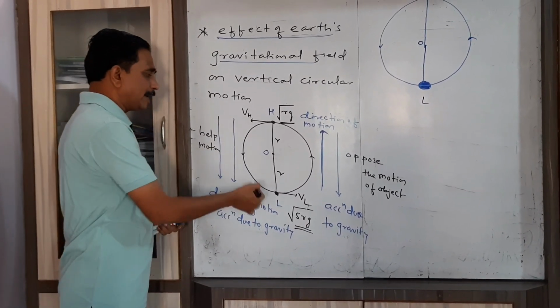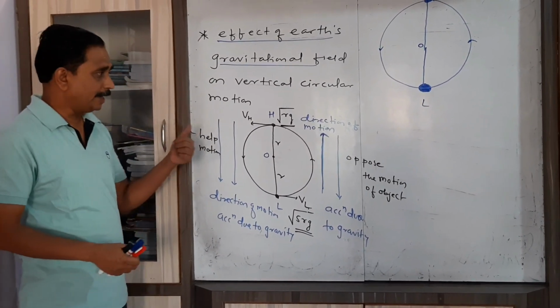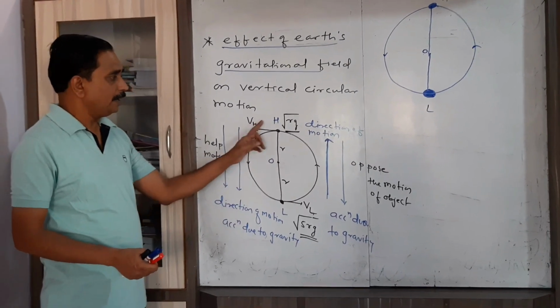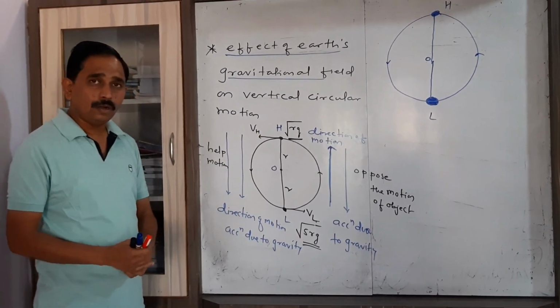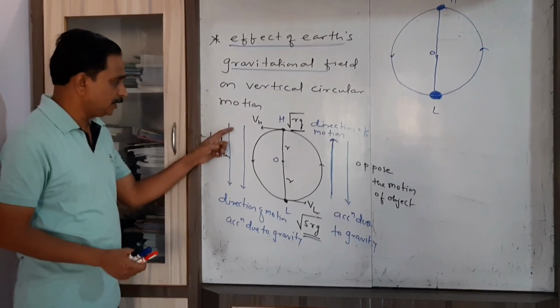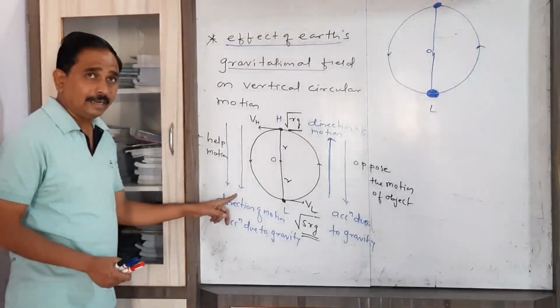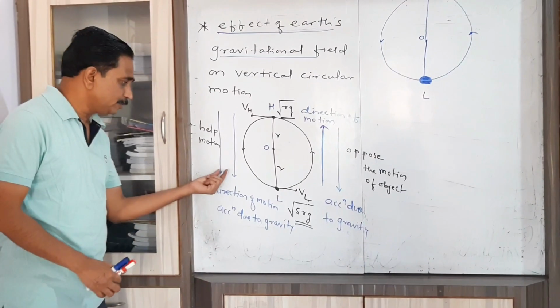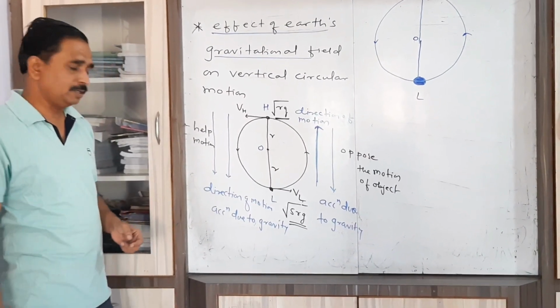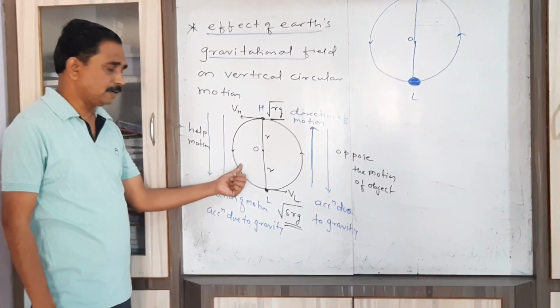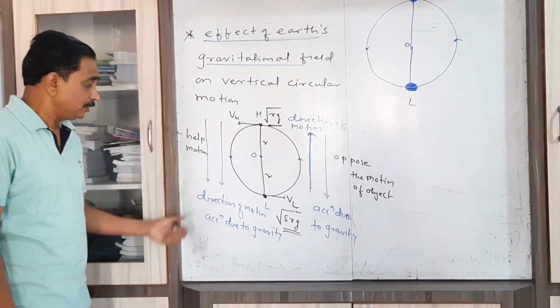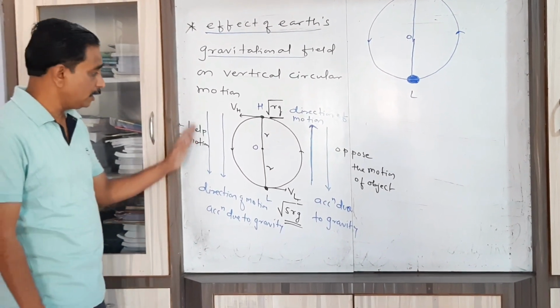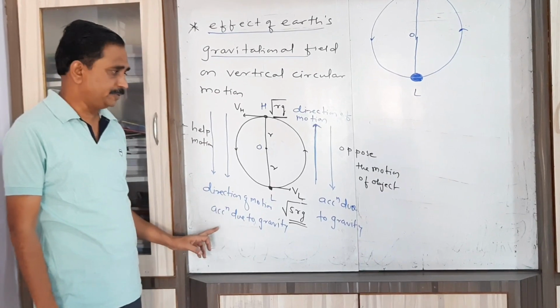Now in the second half part, when that object moves from the highest position to the lowest position, see the direction of motion and direction of acceleration due to gravity. As both are in the same direction, in this part of the motion, acceleration due to gravity helps the motion of that object.